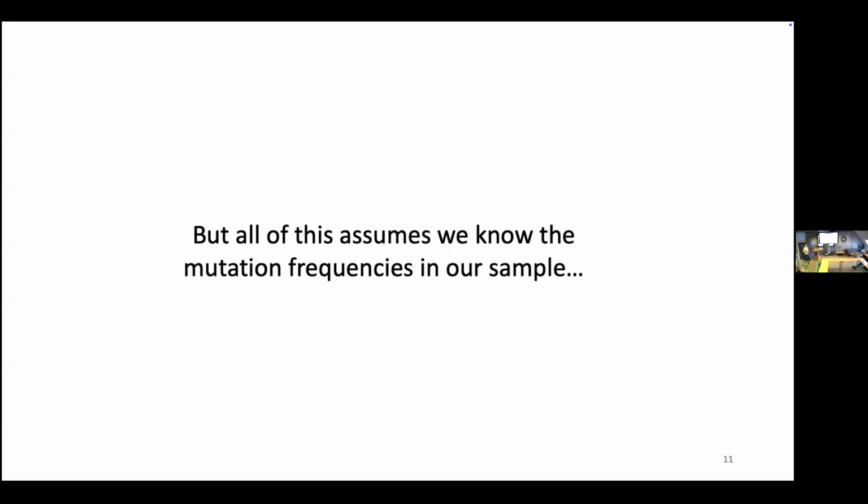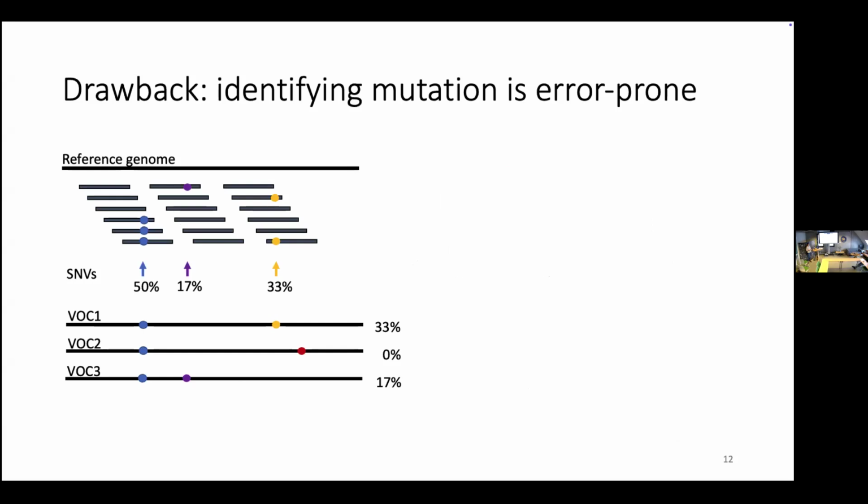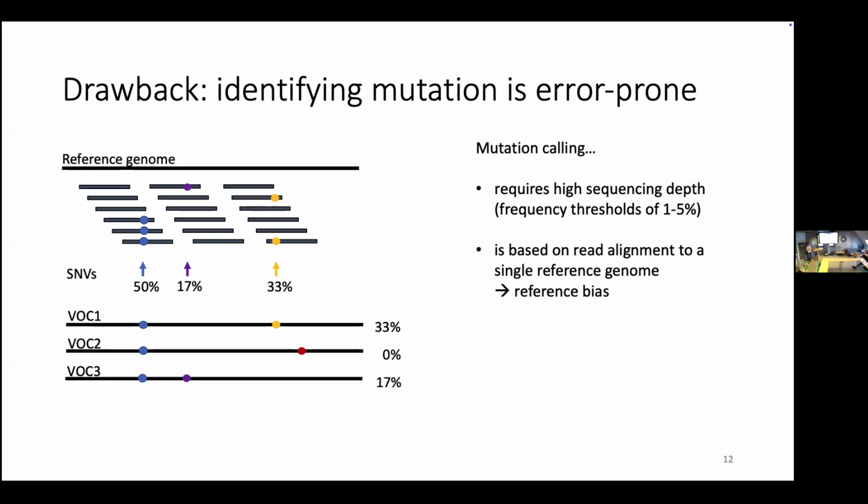But this still assumes that we know these frequencies of the mutations in our sample. And in reality, measuring these frequencies is very error prone, because it's quite difficult and it requires high sequencing depth. So you need a lot of data to do this accurately. It's based on placing your reads on the reference genome, so figuring out where they belong, which means you always have to deal with bias towards this reference genome.